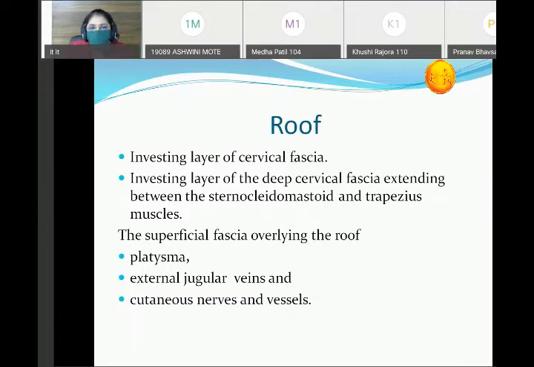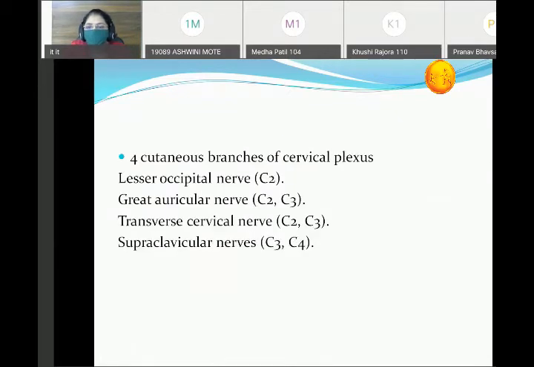So what are the cutaneous nerves which are present in the roof of the triangle? So there are four cutaneous nerves which are the branches of the cervical plexus. Long back we have studied superior extremity, the brachial plexus. So here you can see the four cutaneous branches of cervical plexus. We'll see one by one.